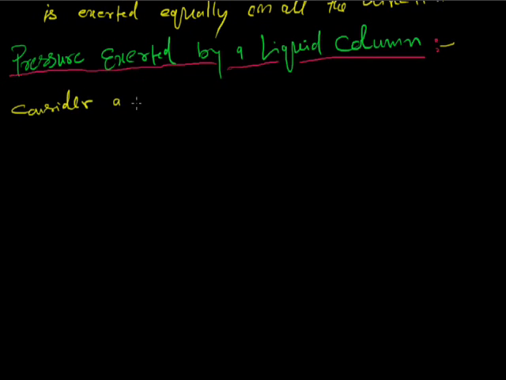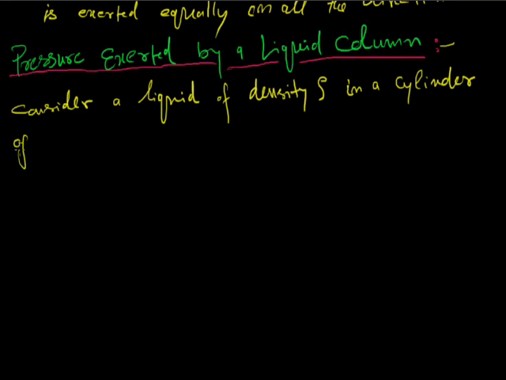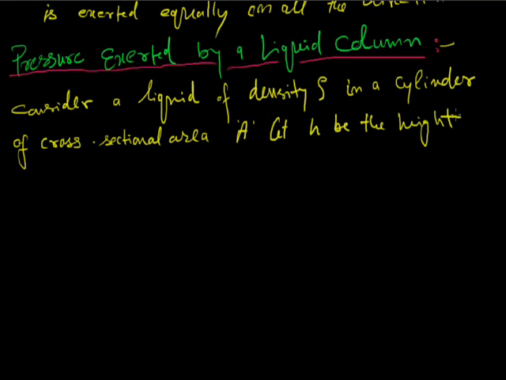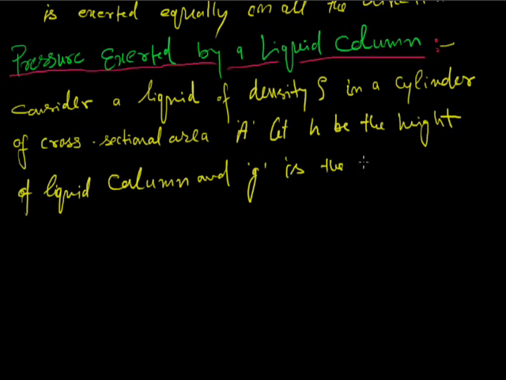Consider a liquid of density rho in a cylinder of cross-sectional area A. Let h be the height, or we can say the depth of liquid column, and g is the acceleration due to gravity.